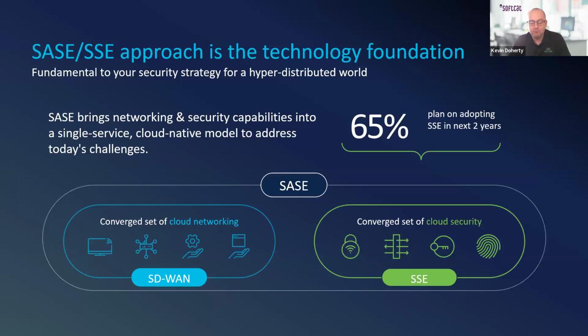This unifies multiple security features, such as firewalls in the cloud, or firewall as a service, secure web gateways, which would replace proxy servers, cloud access security brokers, which is difficult to do on premise, data loss prevention, as well as setting you up for zero trust network access with WAN capabilities, such as SD-WAN.